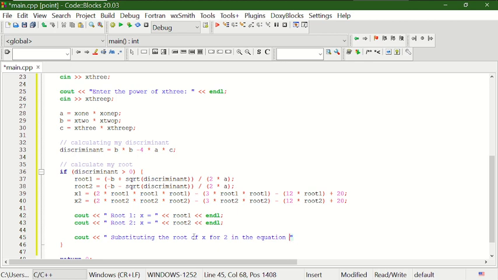So what's the equation? We said y is equal to 2x cubed minus 3x squared minus 12x plus 20. Yes, that was the equation.